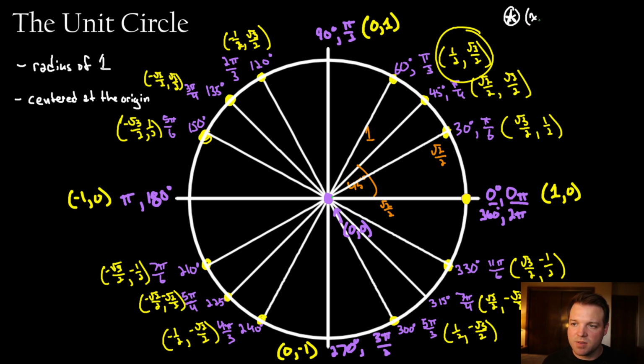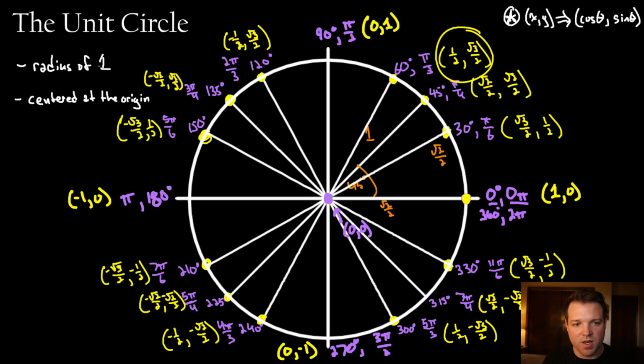The X and the Y, every single one of these mapped to the cosine of the reference angle for the X, and the Y mapped to the sine of the reference angle. So that is really important for the unit circle.